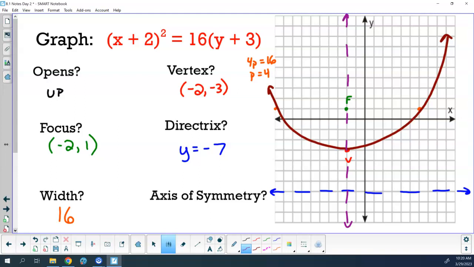Axis of symmetry cuts right down the middle. That's going to be x equals -2.